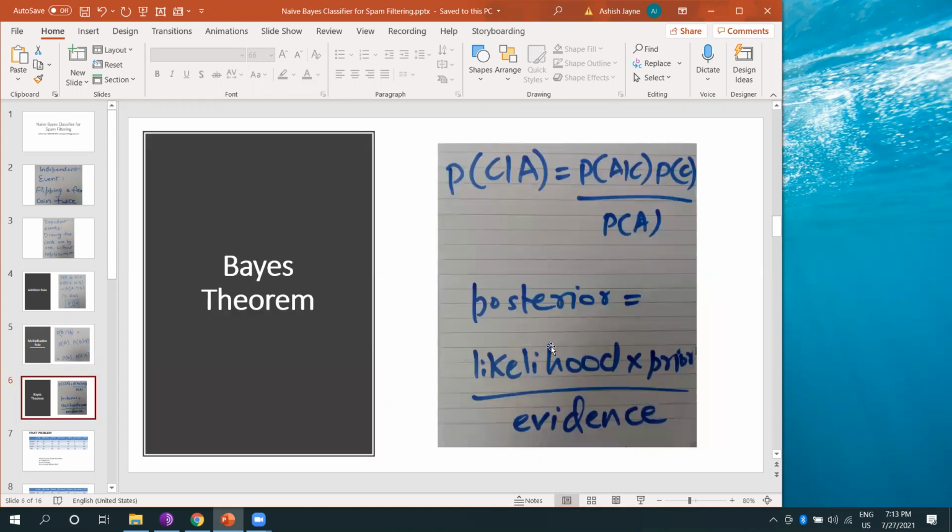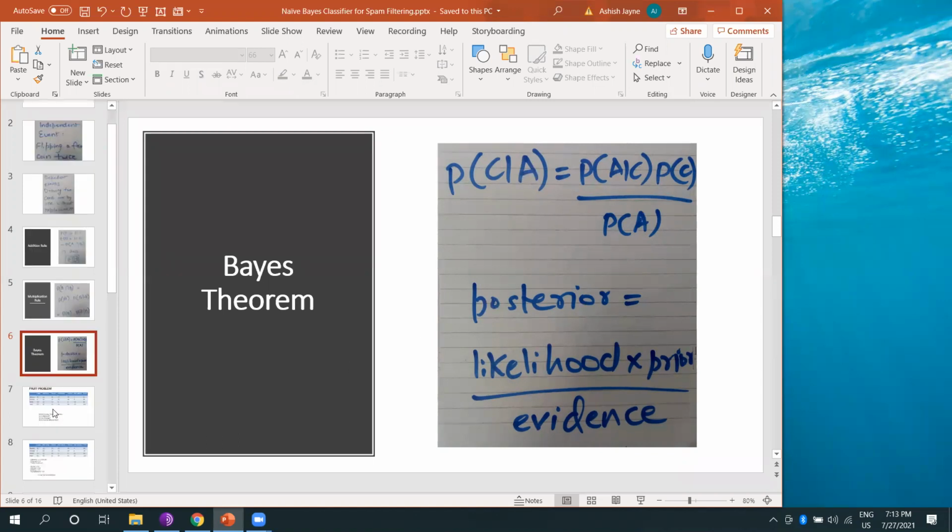And one other representation, when we use Bayes theorem for the application of classification, we have to remember that posterior is equal to likelihood multiplied by prior divided by evidence. P(A) is evidence over here, in P(C given A), so A is evidence here.